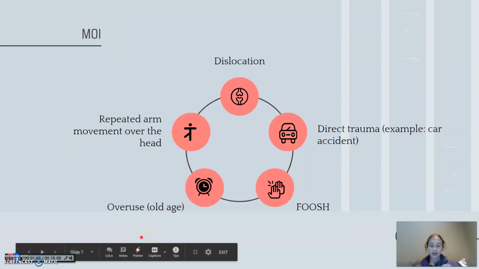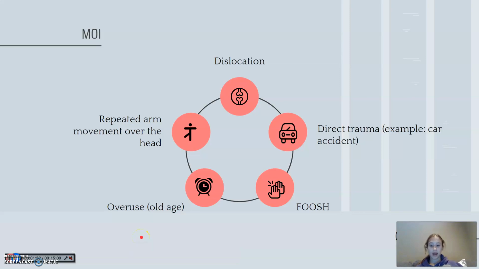For the mechanisms of injury, the most common one that an athletic trainer is probably going to see is a dislocation, just because it happens pretty frequently in sports. When the humeral head comes out of its socket, it's going to damage the structures around it, like we've talked about with other dislocations.